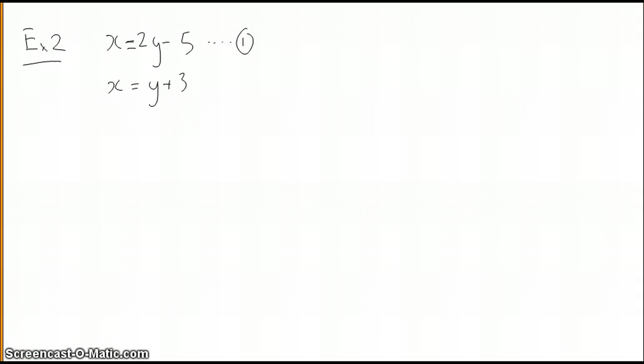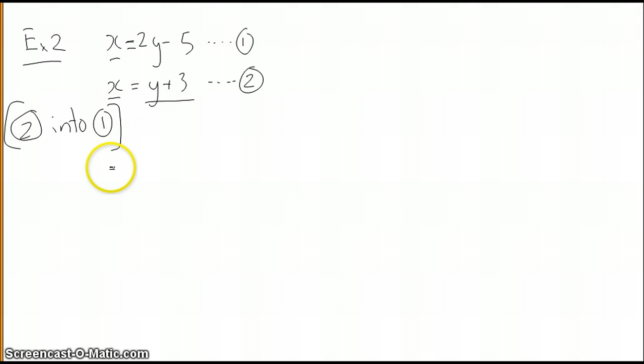So question 2 looks like this. Equation 1, equation 2, and I can go 1 into 2 or 2 into 1. In this case it doesn't matter, but I'll stick with what I've been doing, 2 into 1. So I'm going to write out equation 1, but anywhere I see an x, I'm going to write y plus 3.